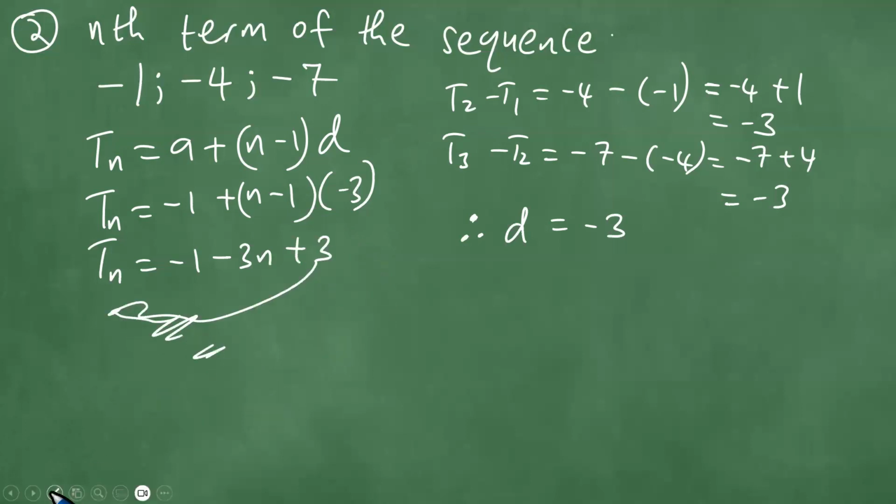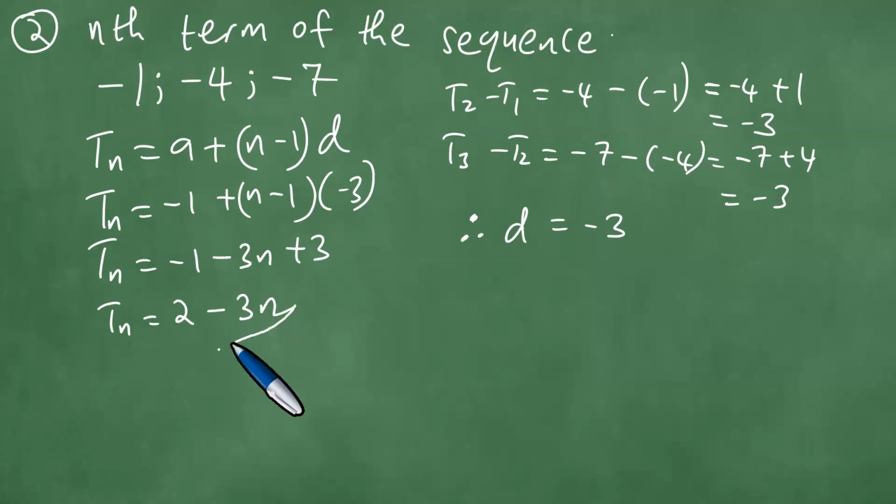So we continue. Here we have -3n and then we shall have 3. What is -1 plus 3? It's 2. So we get 2 minus 3n.